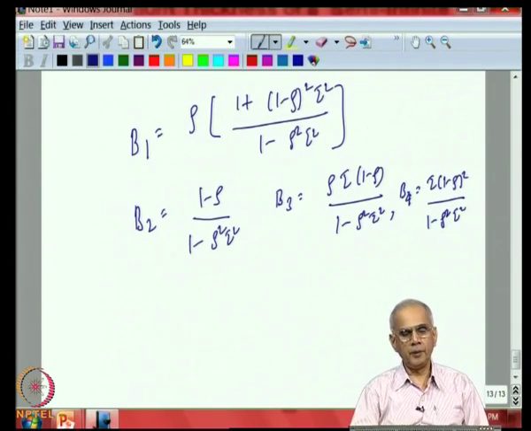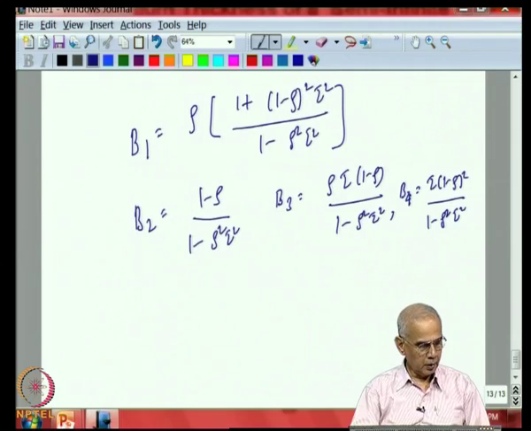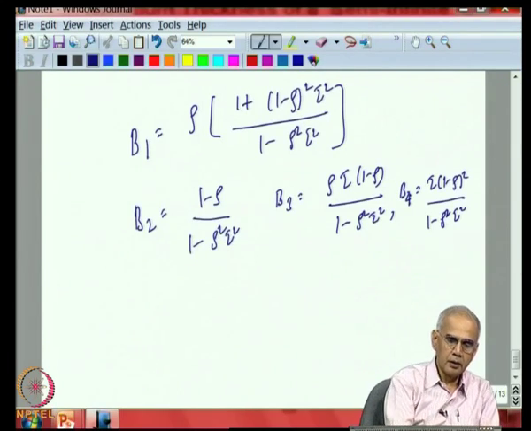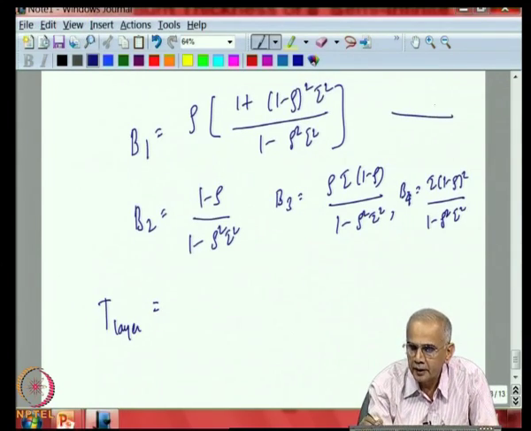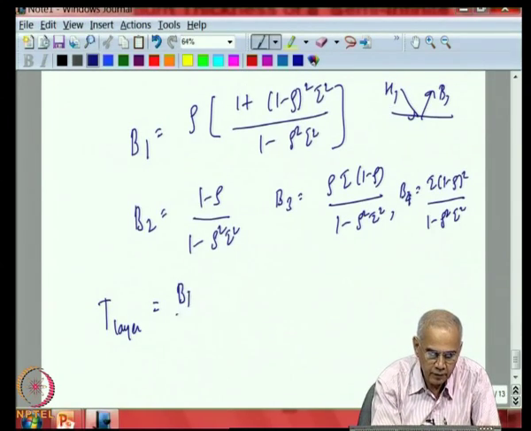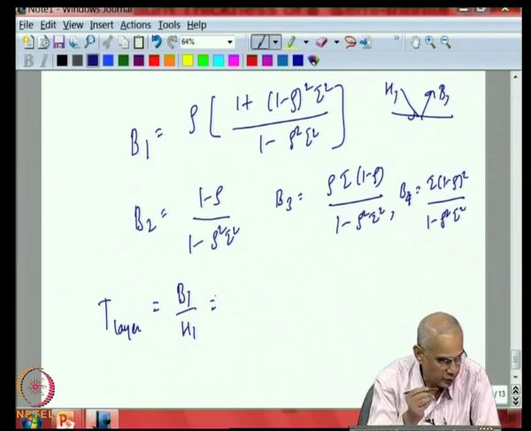So, we have solved for B1, B2, B3, B4, and the reflectance of the layer is nothing but B1, because B1 is the radiation leaving the surface, B1 by H1 really, but we have taken H1 as 1.